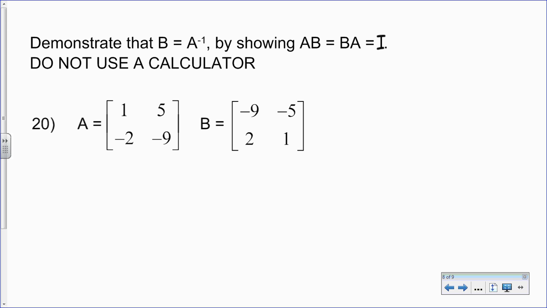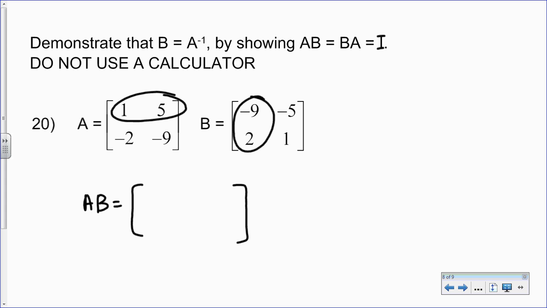I want to show that when I multiply A times B, I get the identity, 1, 0, 0, 1. A 2 by 2 and a 2 by 2 will give me a 2 by 2. So first row, first column, 1 times -9 is -9 plus 5 times 2, which is 10.